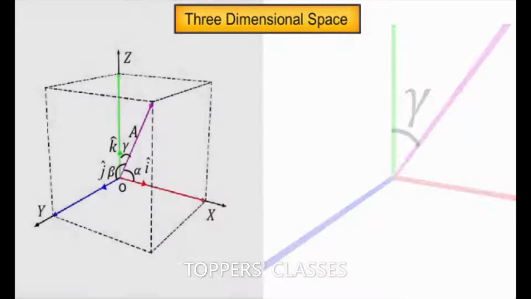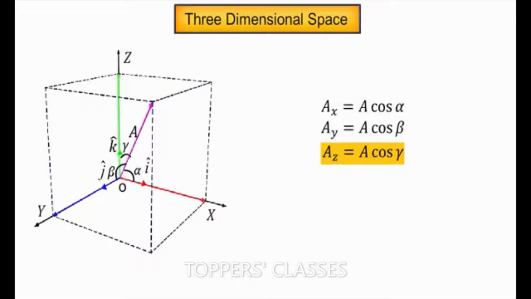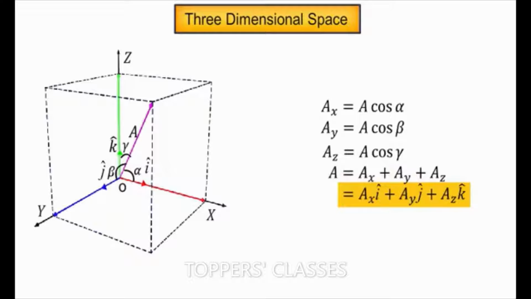In this case, its three components along x, y, and z direction can be written as AX is equal to A cos alpha, AY is equal to A cos beta, and AZ is equal to A cos gamma. Here, A is equal to AX plus AY plus AZ, which can be written as AX i plus AY j plus AZ k.